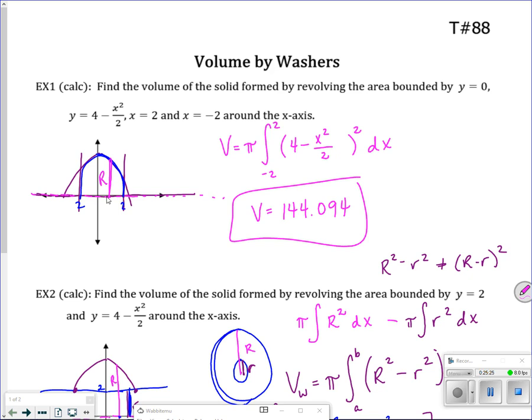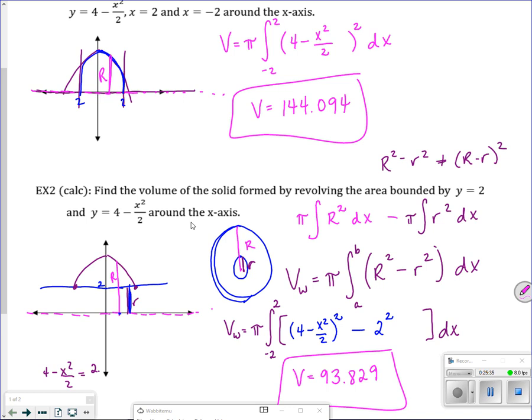It would be 0. And so big R squared minus 0, and you notice that you have the disk formula. That piece would just be 0 and would go away, and there would be your disk formula.